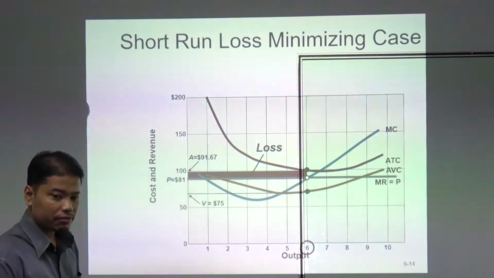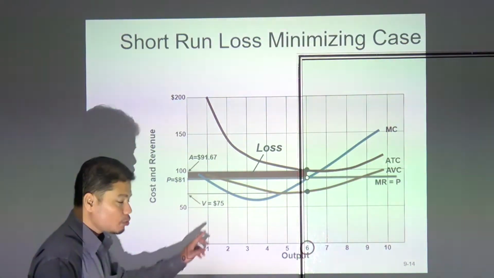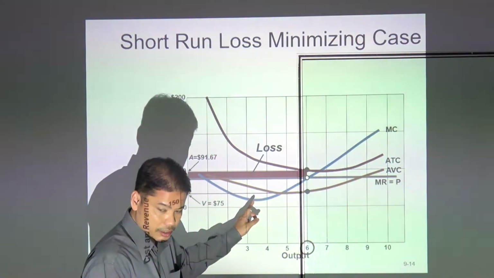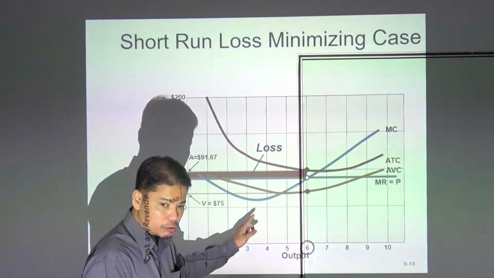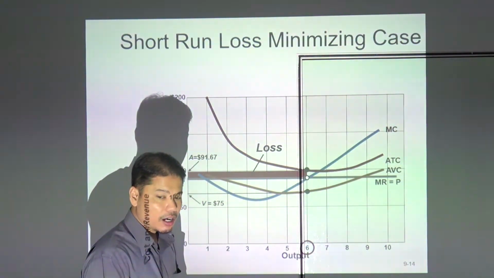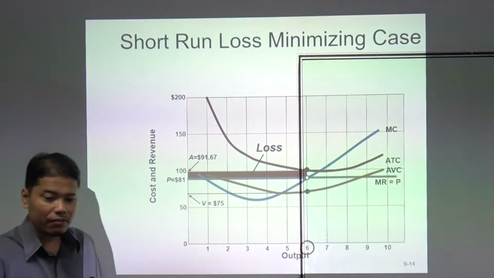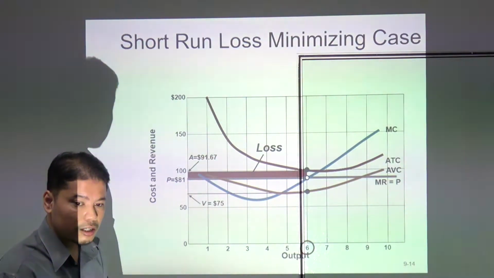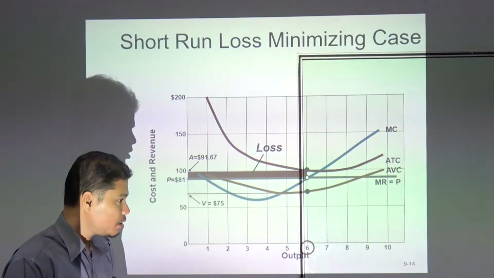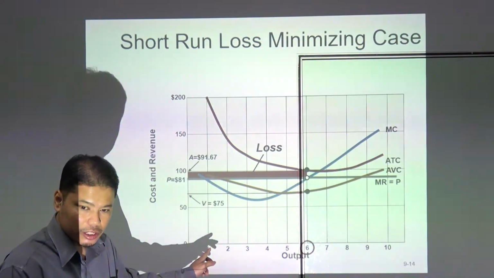Another alternative for the firm is to continue to produce and absorb these losses. Should the firm continue to produce and minimize loss? It depends on how much the total loss would be if the firm actually closes down. When the firm closes down, will their loss be equal to zero?